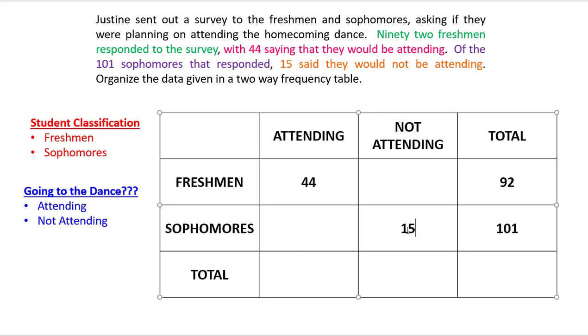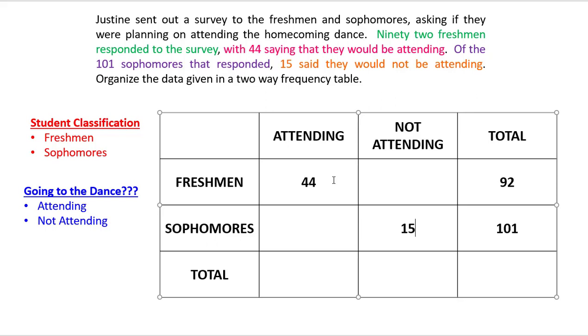Well, that's all the information they gave us, but we still are missing a lot of data values. So this is where we will have to use some clues to try to fill in the rest of the table. Let's look at the first row. Here we do have a total. So I know that 44 plus some number has to be 92.